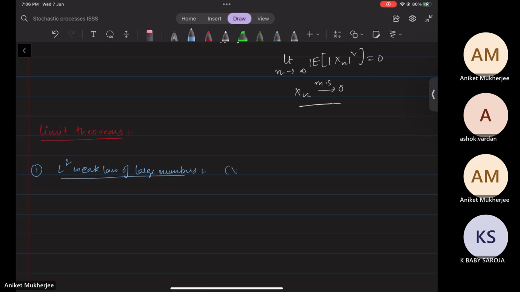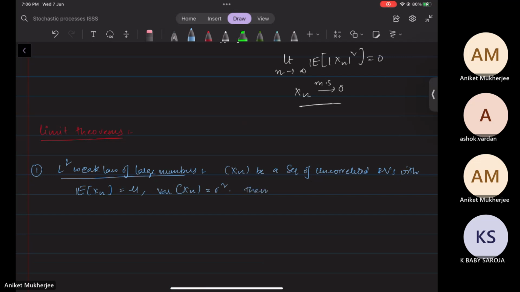Let Xn be a sequence of uncorrelated RVs with expectation of Xn equal to mu and variance of Xn equal to sigma square.